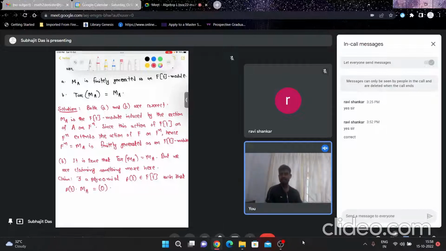What I mean by this is that every element of M_A is annihilated by this single polynomial p(t). It's not that if you take an element you have some polynomial which annihilates it, and if you take a different element you might have a different polynomial which annihilates it. Okay, this is not what I'm saying. So there exists some non-zero polynomial p(t) which actually annihilates every element of it. This is what we are saying.